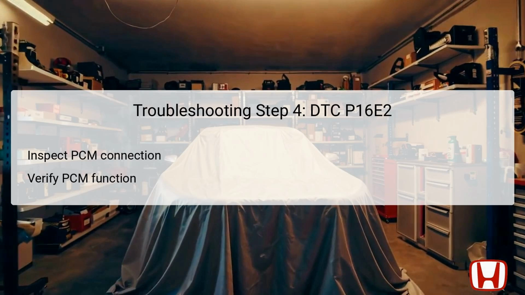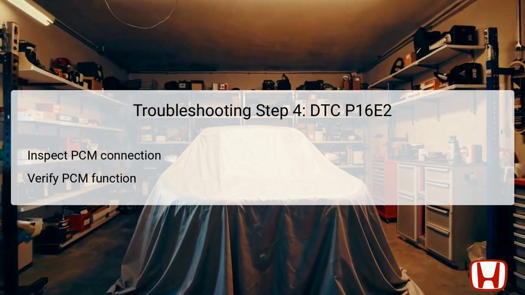This step necessitates the meticulous inspection of the PCM connection as a significant part of troubleshooting DTC P16E2. The PCM should be checked for any loose terminals or faulty connections that contribute to poor signal transmission.